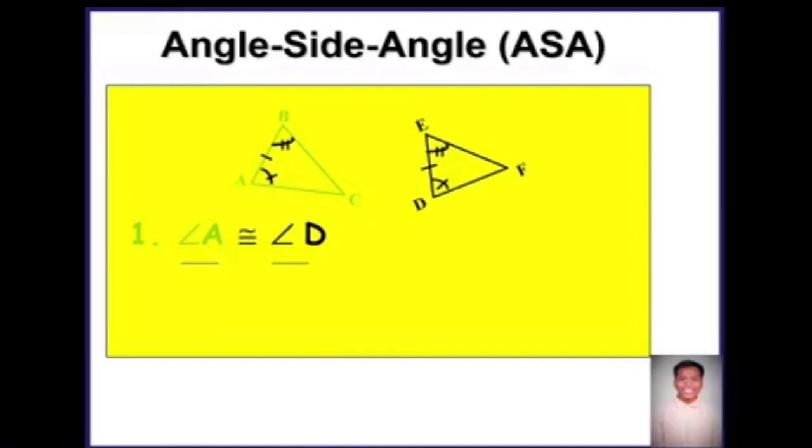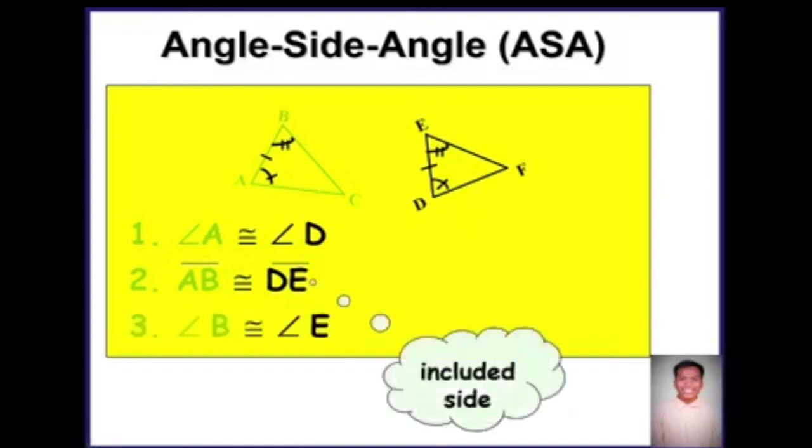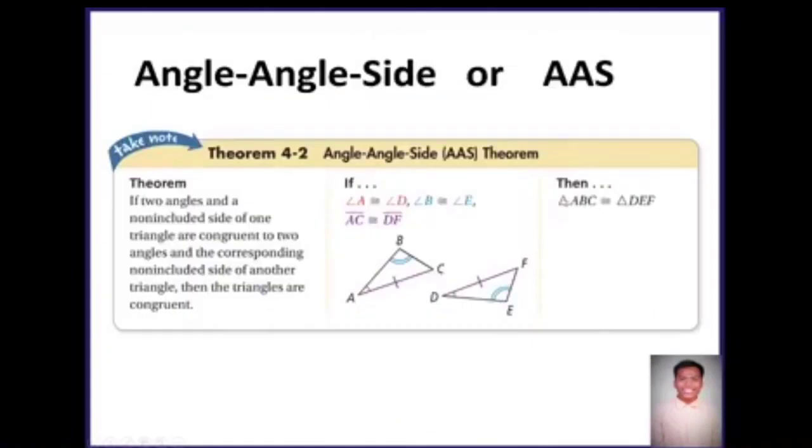Angle A is congruent with angle D. Then side AB and side DE are also congruent. And angle B is congruent with angle E. Then you have to check first if the given side is actually an included side of the given triangle. So we can say that these two triangles are congruent using the ASA.